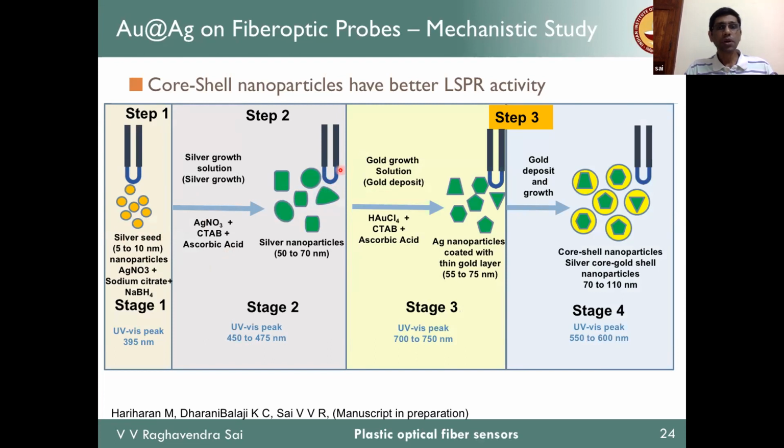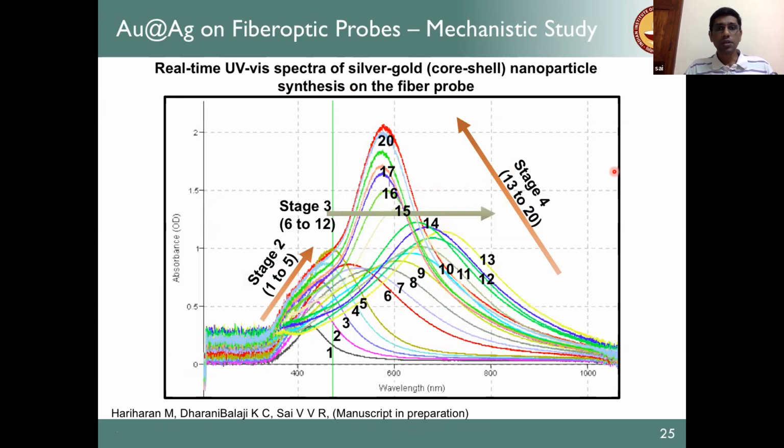We grew silver on it, and we see that different shapes have been formed. And the moment we dip it in gold growth solution, the truncation has happened, and then subsequently growth took place. So we were able to observe all of this in real time.